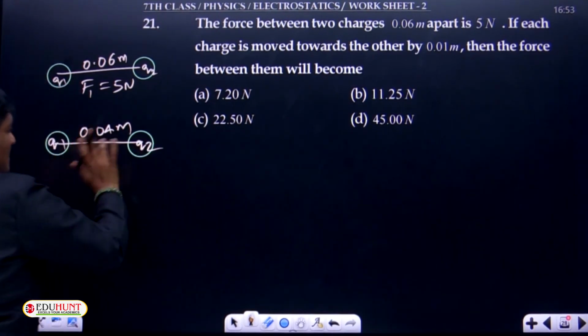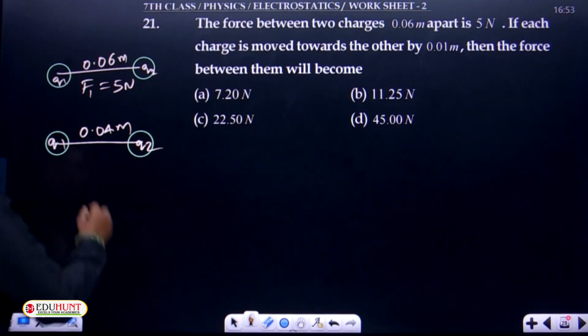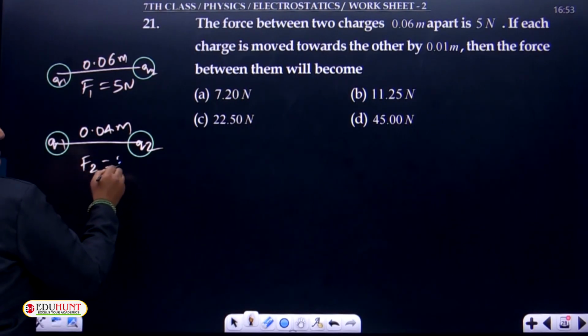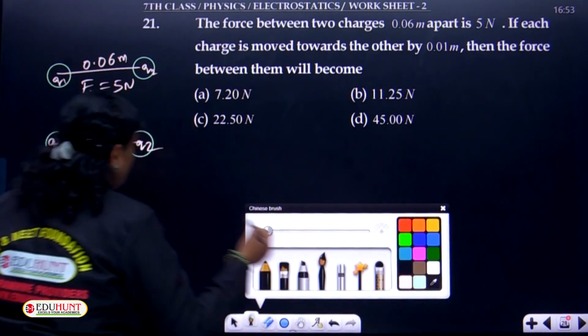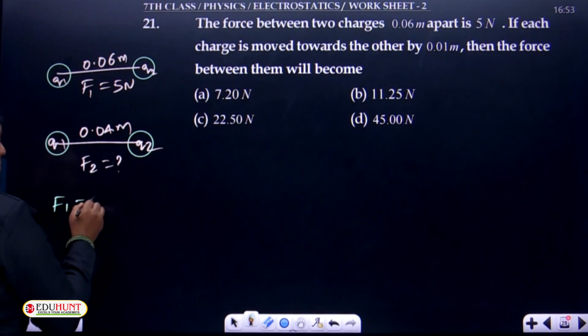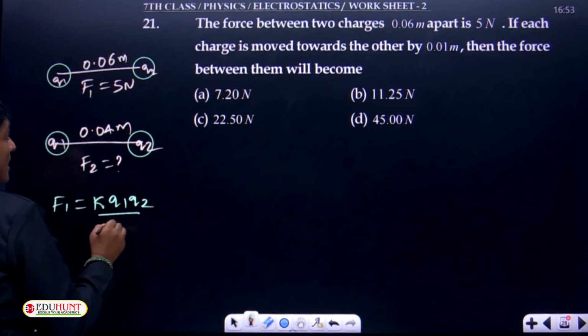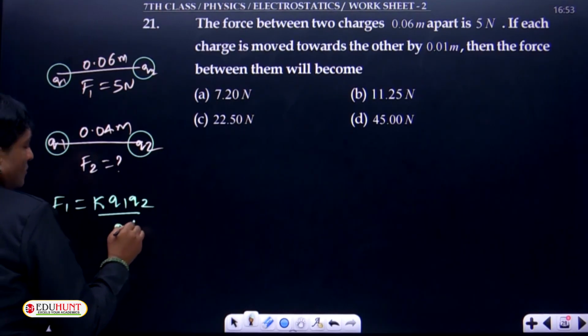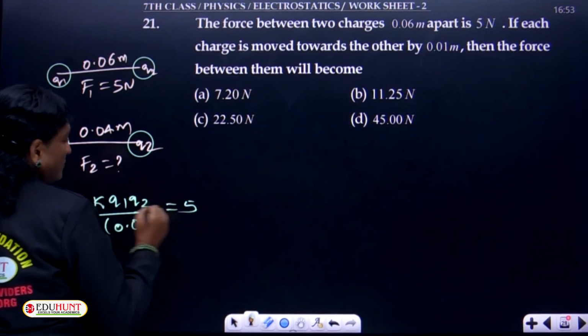As the distance of separation changes, the force between them also changes, so let us find it out. Let us name it F2. You have to find the new value F2. Children, as we know, the old value F1 is equal to K Q1 Q2 by R square, where R square is 0.06 whole square, and its value is given as 5 Newton.